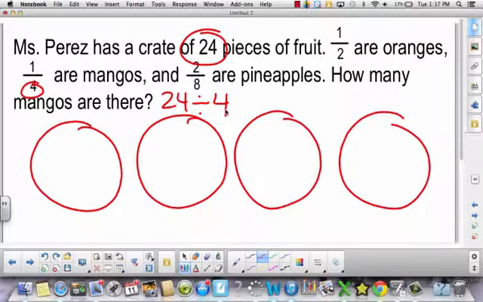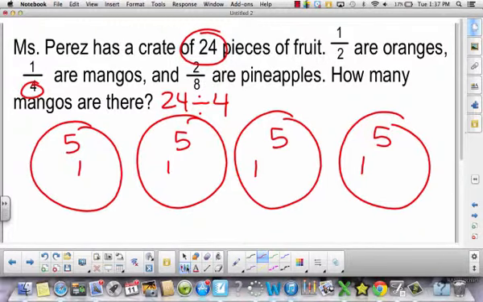I'm going to go ahead and use a safe number and put 5 in each group first, because I know 5 times 4 is 20. 24 minus 20 means I have 4 left, 4 pieces of fruit left to give out. So I can give 1 more to each one.